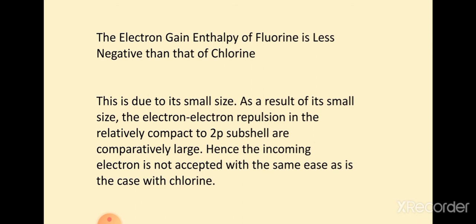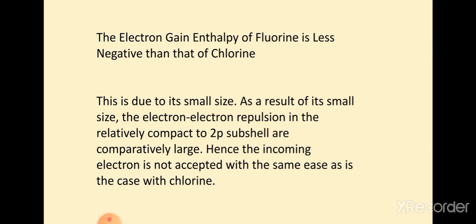There are a few exceptions for electron gain enthalpy. Number one, electron gain enthalpy of second group, alkaline earth metals, beryllium, magnesium group, is positive due to completely filled s orbitals. Next, electron gain enthalpy of nitrogen atom is positive due to its half filled p orbitals.